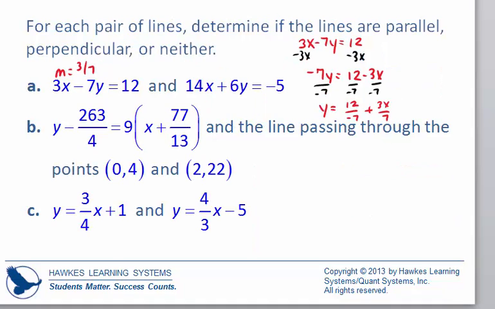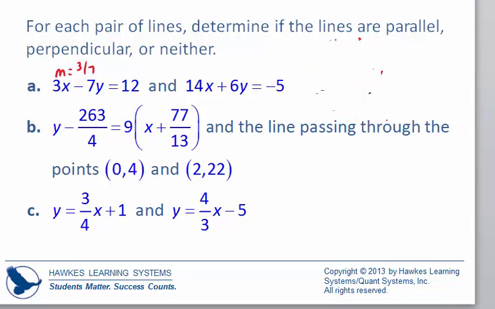All right, so let's look at the other equation. 14x plus 6y equals -5. We're going to solve that for y. We're going to subtract the 14x from both sides, which gives me 6y is equal to -5 minus 14x.